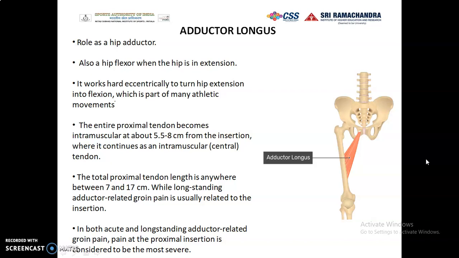If you look at the anatomy of the adductor longus in the picture on my right-hand side, the entire proximal tendon becomes intramuscular at about 5.5 to 8 centimeters from the insertion, where it continues as an intramuscular tendon. The total length of the adductor longus is between 7 and 17 centimeters, while long-standing adductor groin pain is usually related to the insertion.